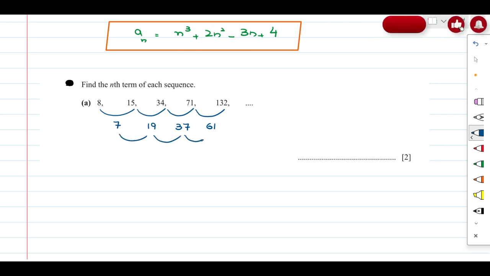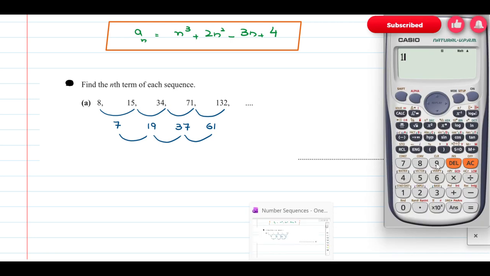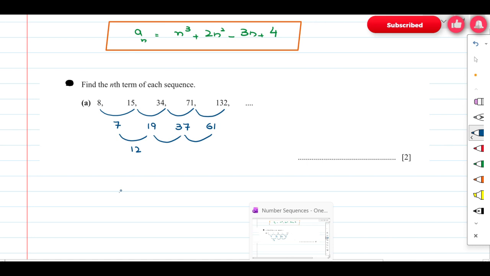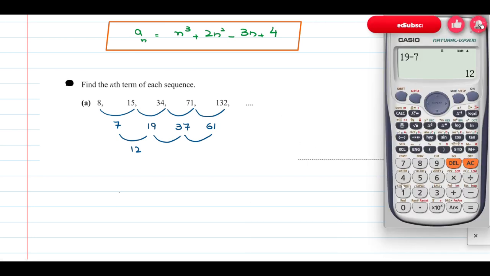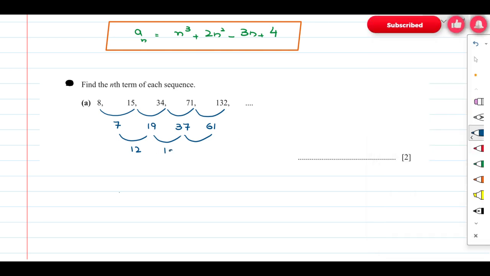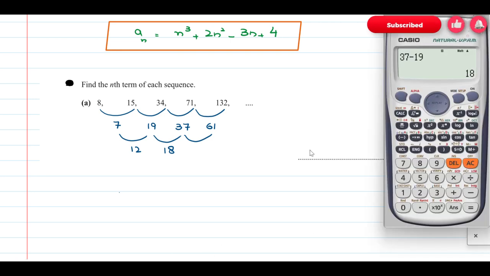Okay. 7 and 19. So 19 minus 7, that is 12. The next is 19 and 37. So 37 minus 19 is 18. 37 and 61, which is 61 minus 37, which is 24.